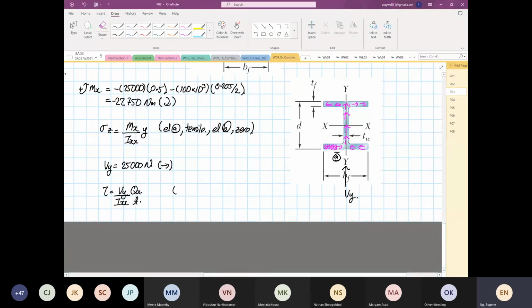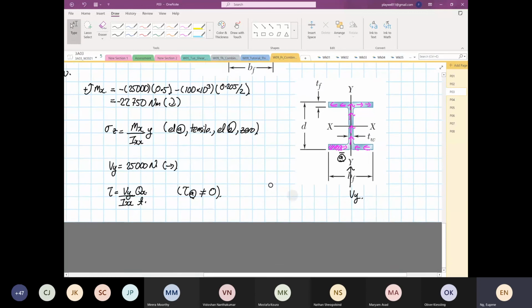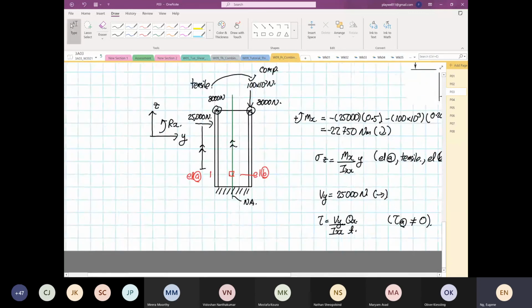So stress at point A is not equal to 0. I understand why you say it's equal to 0: because of thick wall analysis. If this is our shear direction, it always starts from 0, goes to the peak, and comes down.